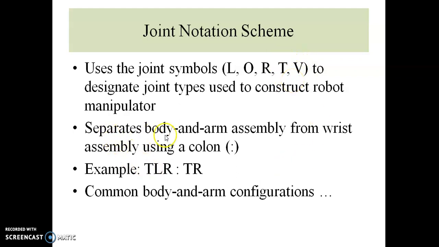A colon separates the body and arm assembly from the wrist assembly. For example, TLR colon TR. The TLR assembly is for the body and arm, and TR is for the wrist assembly.